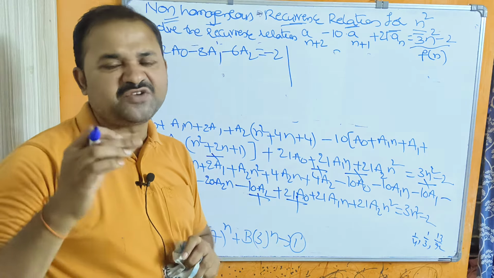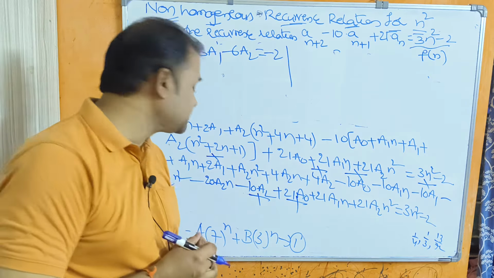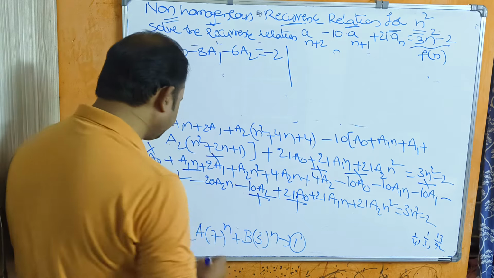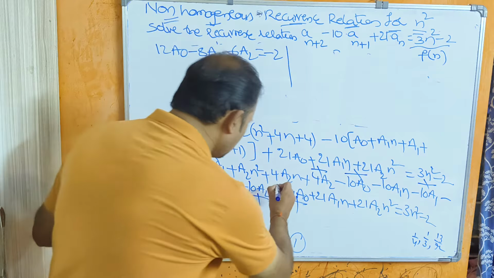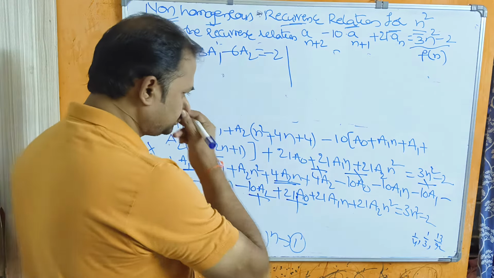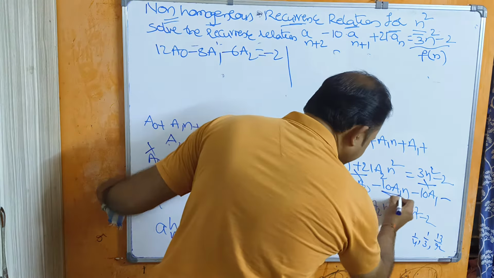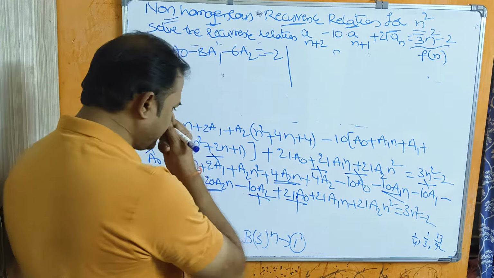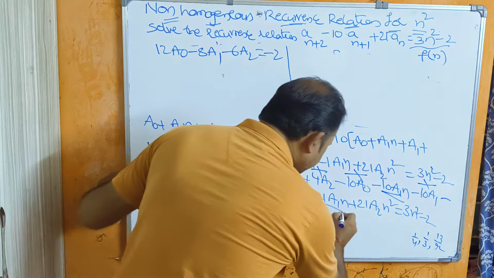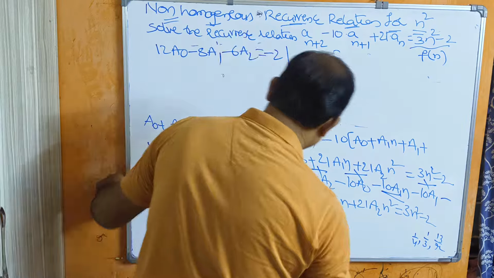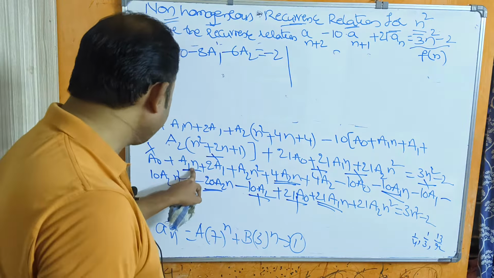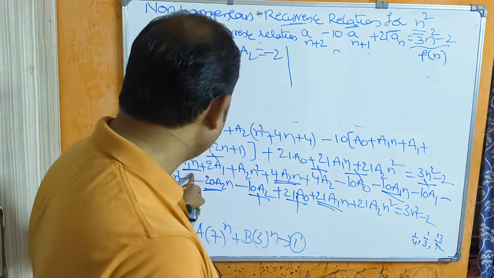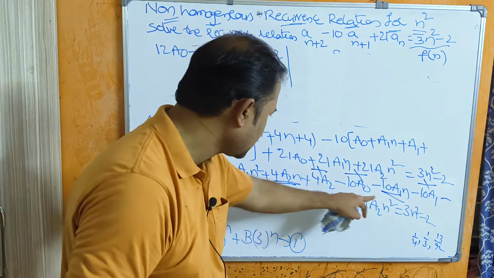Likewise, we need to find out the n term as well as the n square term. Let us find out the n term. So a1 n, next 4a2 n, next minus 10 a1, next minus 20 a2 n, next plus 21 a1 n. So a1 n plus a1 n, next a1 n, minus 10.